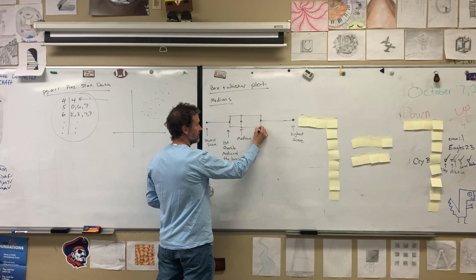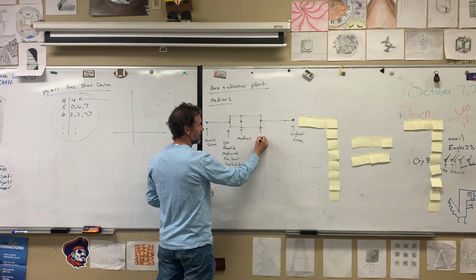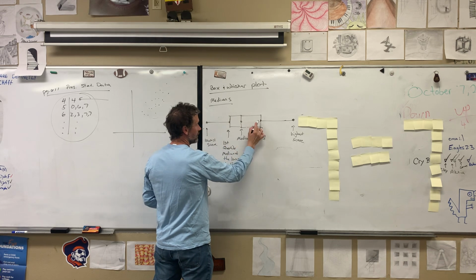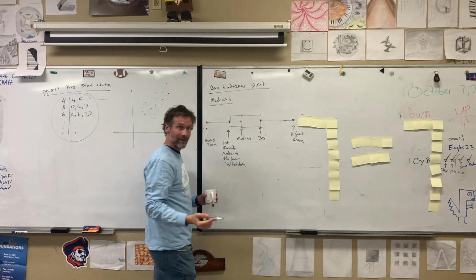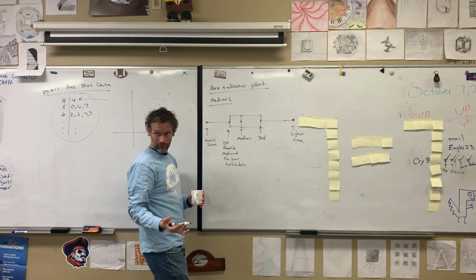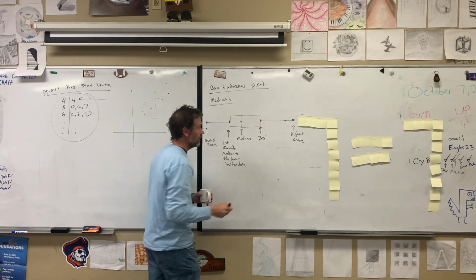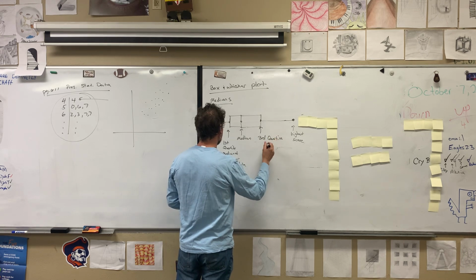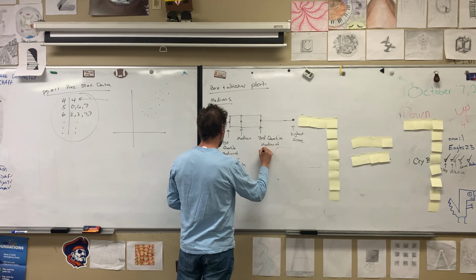This is then your third quartile. You think about it, 1, 2, 3, and 4 quartiles. So this is your third quartile, and that is the median of the upper half of data.